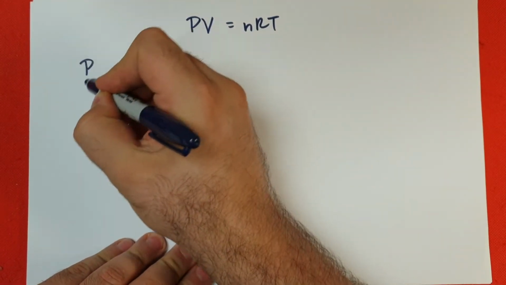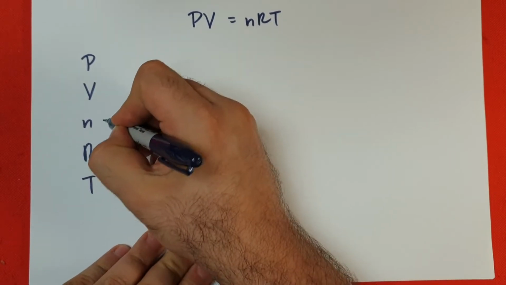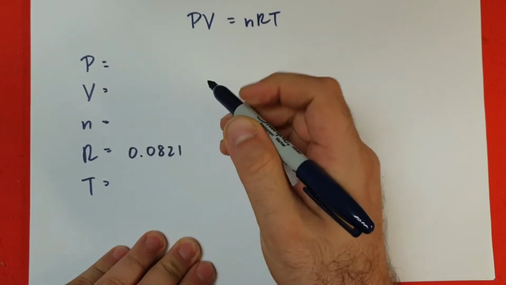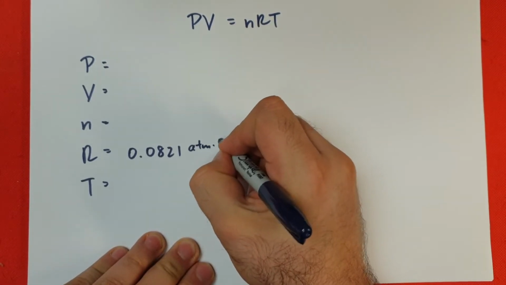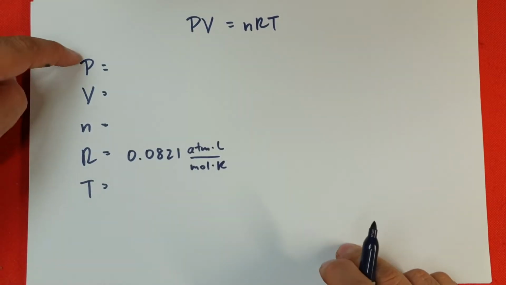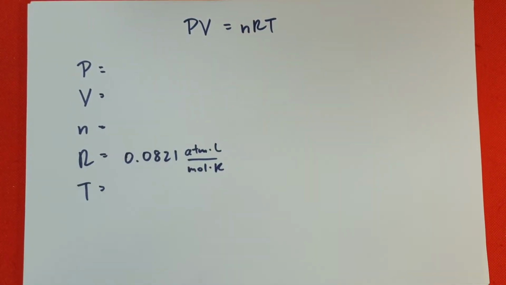We write an inventory: P, V, n, R, T. We always know that R is 0.0821 and the units are atmospheres, liters, moles, Kelvin, meaning that we have to turn all our units into these units in order to be able to work out the formula.